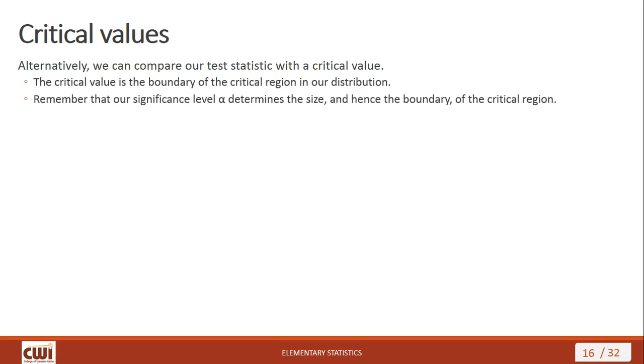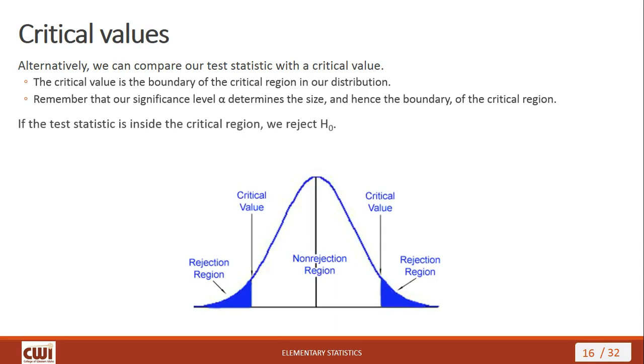Because it determines the size of the critical region, it also determines what that boundary to the critical region is, and that boundary is the critical value. So if our test statistic lies inside the critical region, then we're inside the region of rejection, and we reject H0. If, however, our test statistic is outside the critical region, we're going to fail to reject H0.